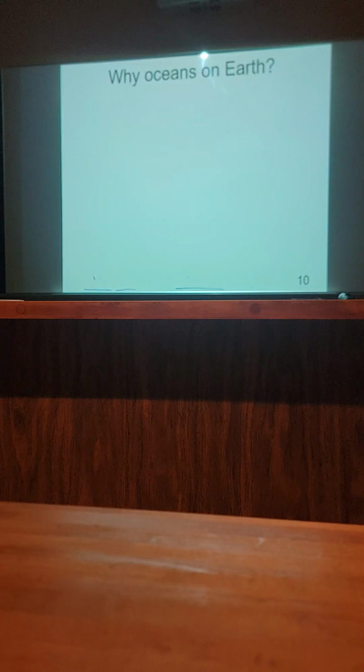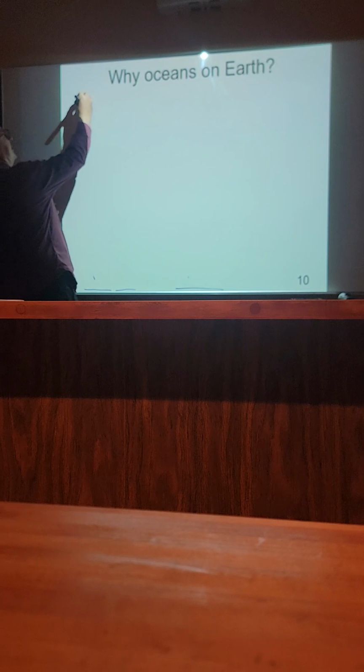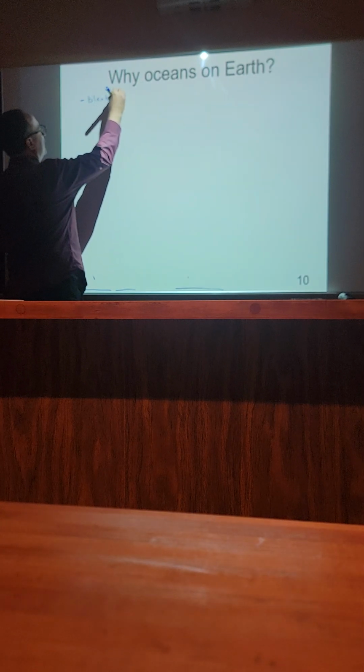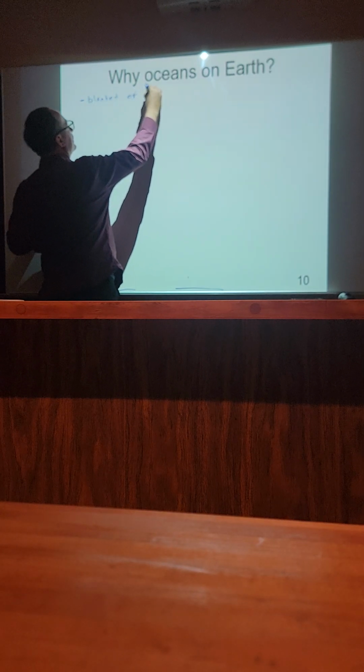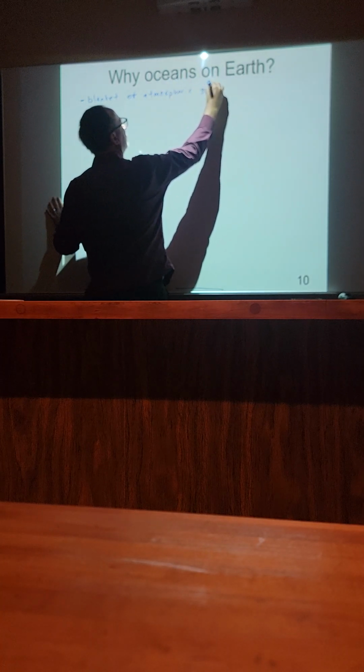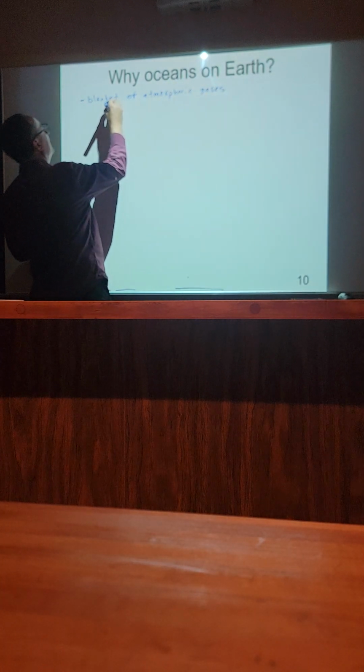So why are there oceans on Earth? It has to be in the right temperature range, right? I already alluded to the fact that there's this blanket of atmospheric gases that warm.